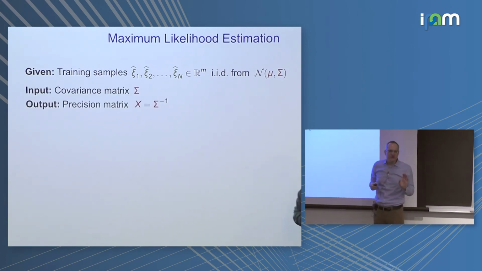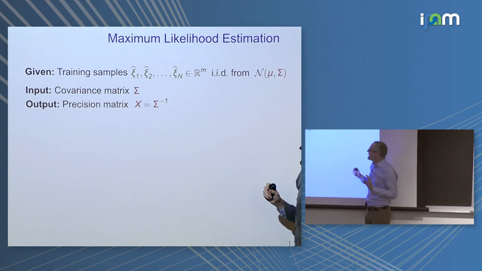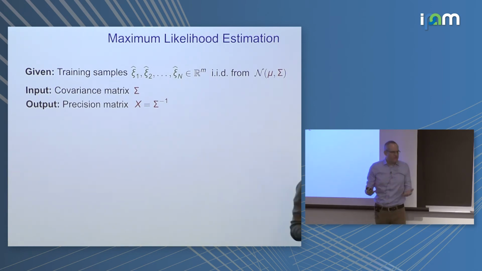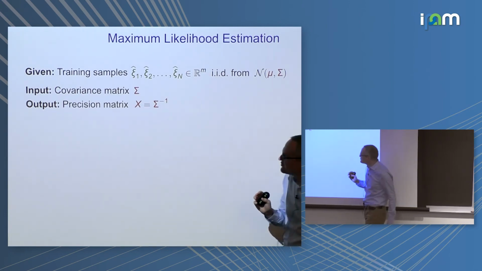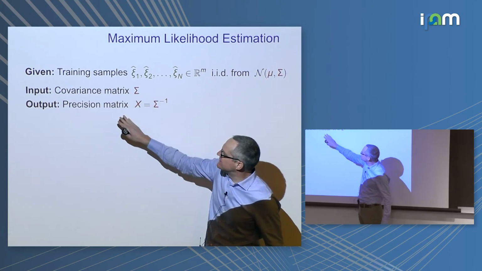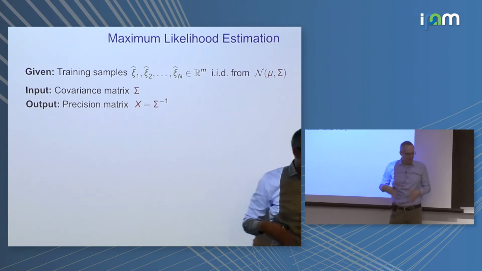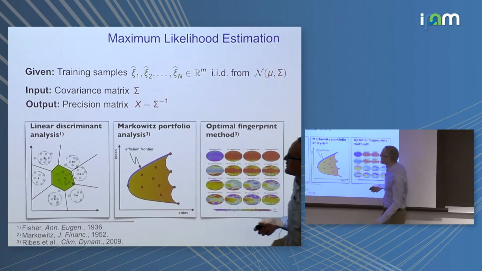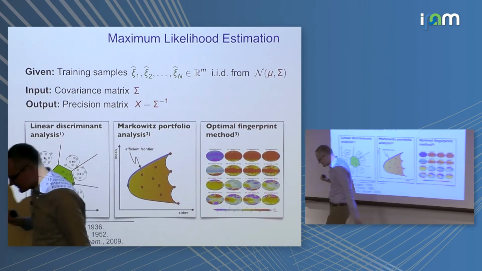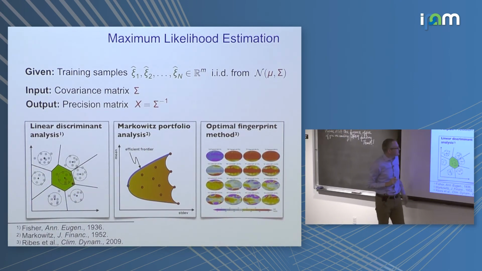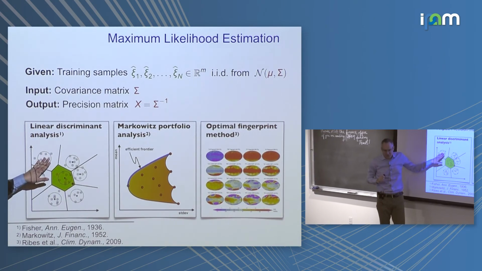So I would like to argue first, actually, that the covariance matrix is an important quantity for many problems in science, engineering, and economics. However, the inverse of the covariance matrix, the precision matrix, is a quantity that often appears in the output. So here are some examples. In linear discriminant analysis, for instance, you need the covariance matrix of the features as an input.